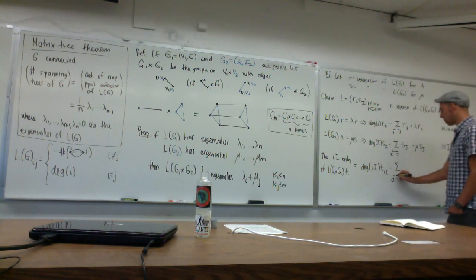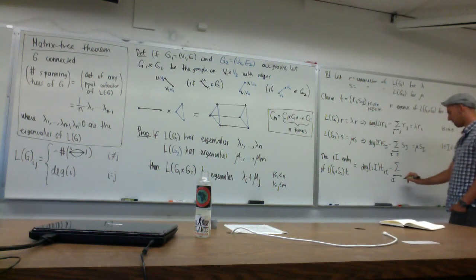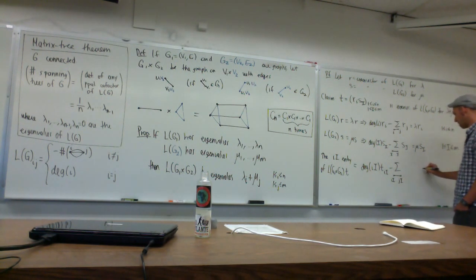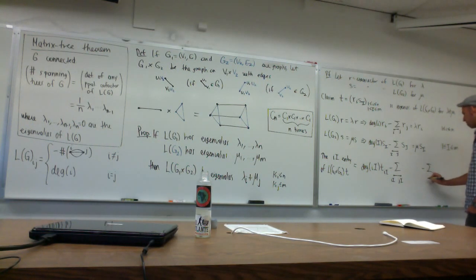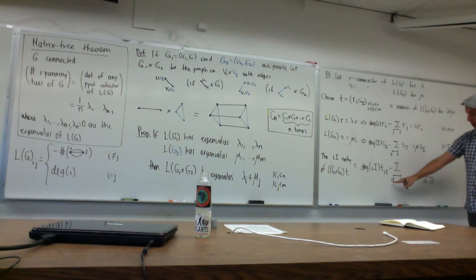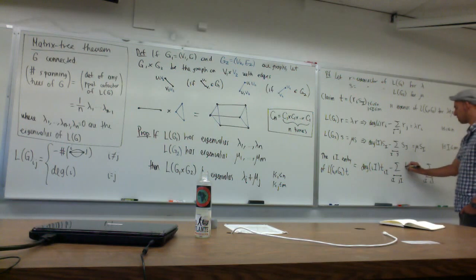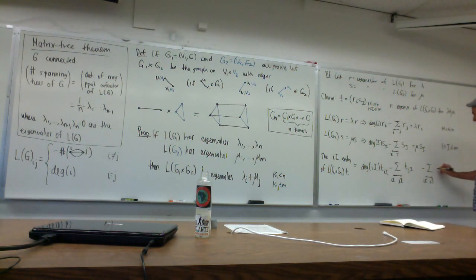So the neighbors are either obtained by changing the first coordinate or by changing the second coordinate. These are the two kinds of neighbors that the vertex I in the product graph has. Okay, so here I should do T of Ji, I minus T of I, j.